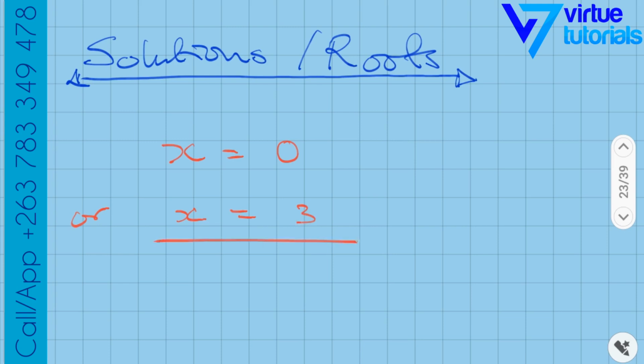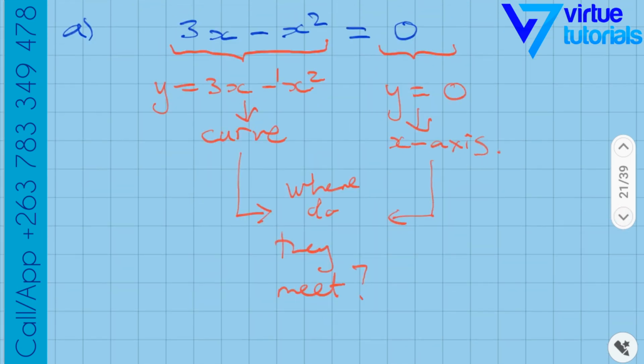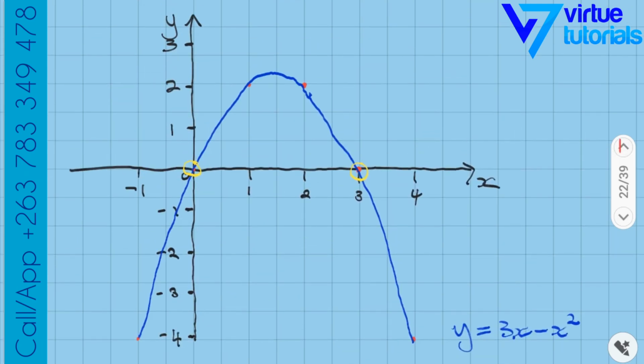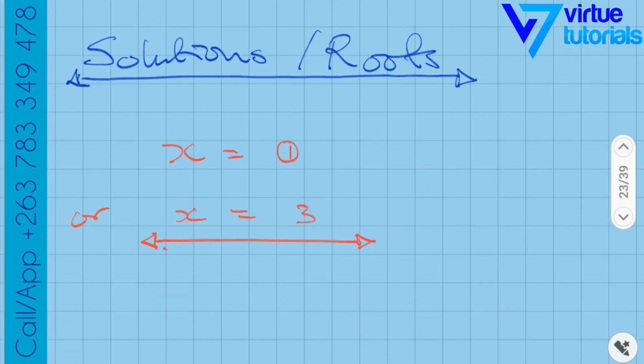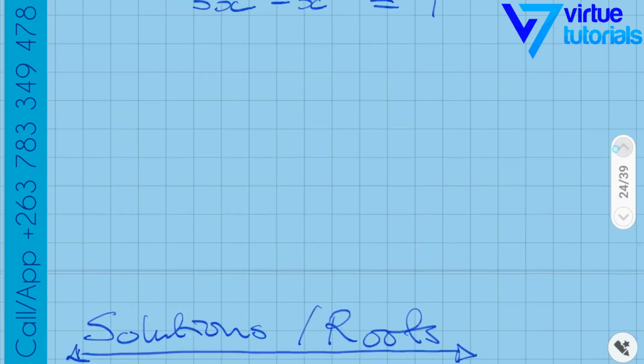You have to write both of them. Whenever you're asked to solve something like this, where the function is equal to 0, you simply check where the curve meets the x-axis. Where they meet, those are your solutions or roots. It's a very simple way of getting your 2 marks. Let's go to the next example.